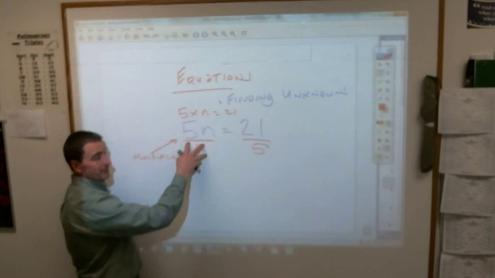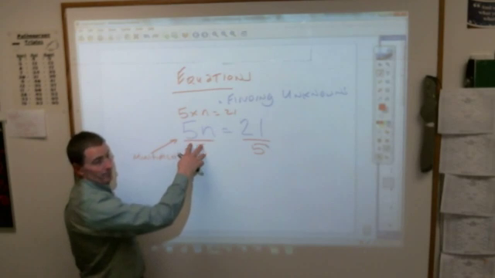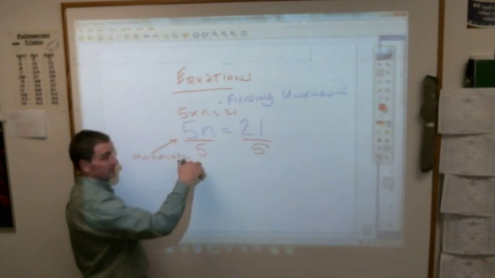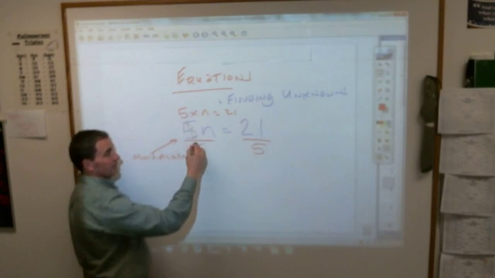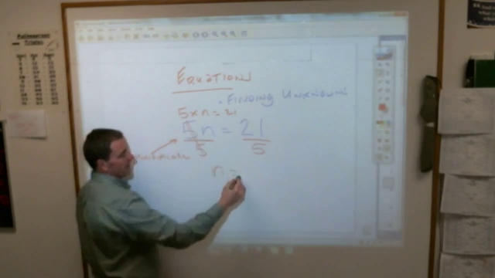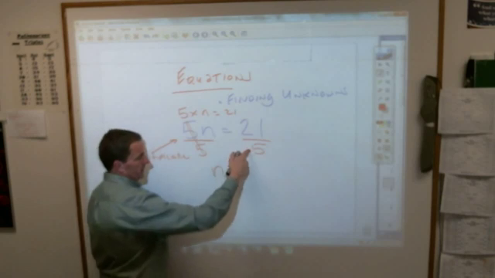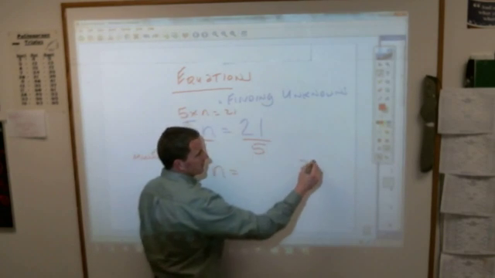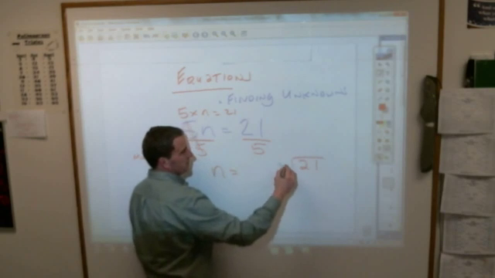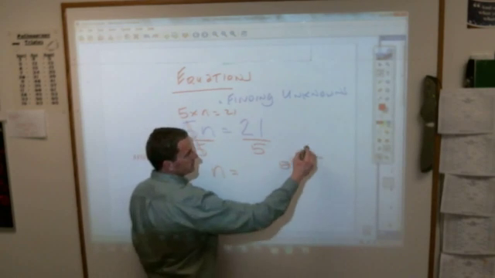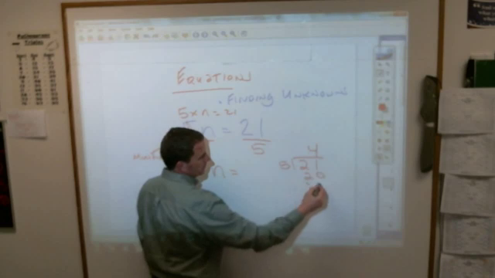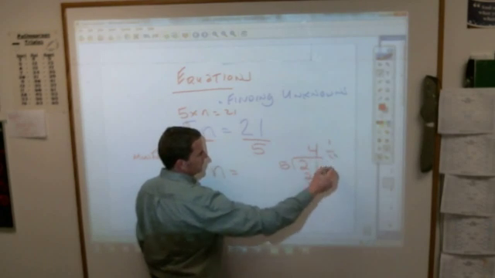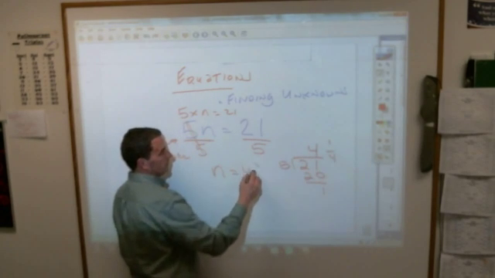5 divided by 5, just like when you prime factor, you got the same thing on top, same thing on bottom. They actually just cross off, and they're gone, and you're left with just the n. This is your answer, except unfortunately, you have to actually do the math. How many times does 5 go into 21? 4, and we'll leave it as a fraction, 4 1/4.